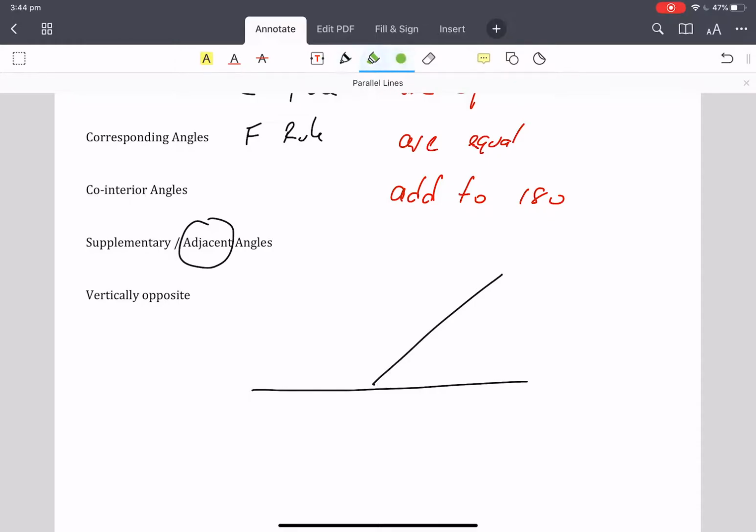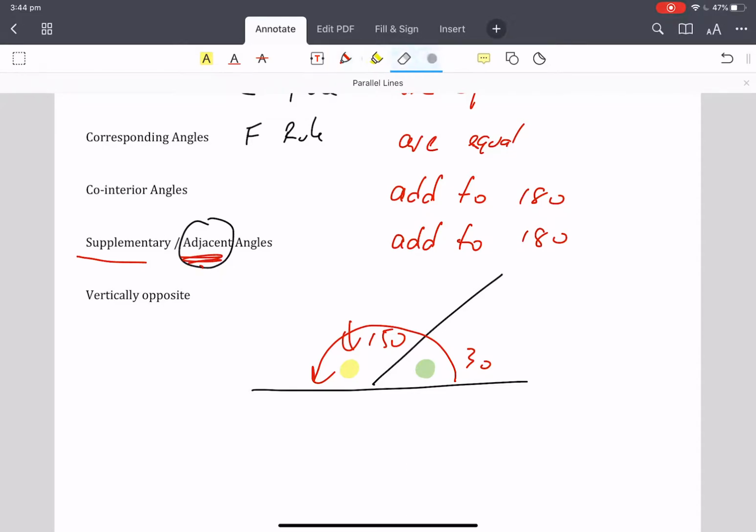So here, the green angle and the yellow angle are beside each other, and there's 180 degrees in a straight line, so adjacent angles add to 180. That's the reason that if this is 30, then that is 150, because there's 180 degrees in a straight line. Adjacent angles add up to 180.